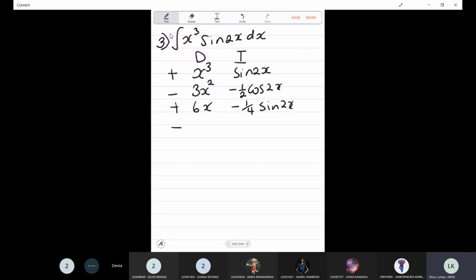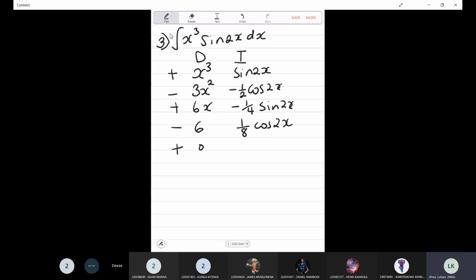And then the derivative of 6x is 6, and the integral of minus a quarter sine 2x is positive 1 over 8 cos 2x, and then the derivative of 6 is 0.